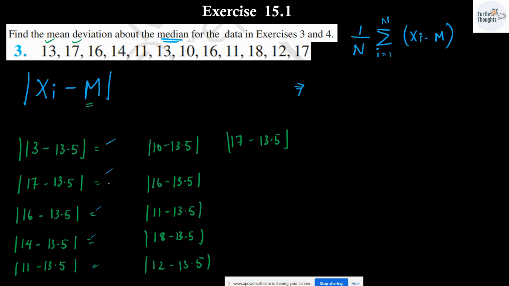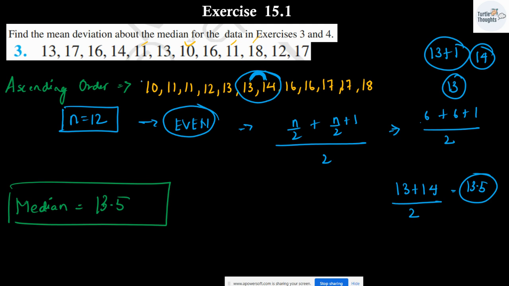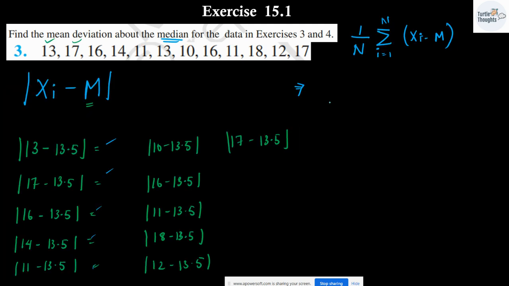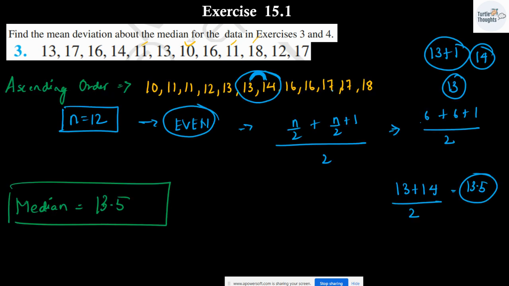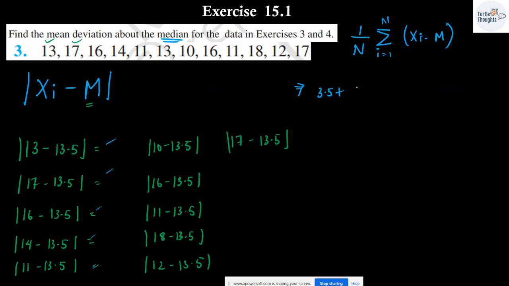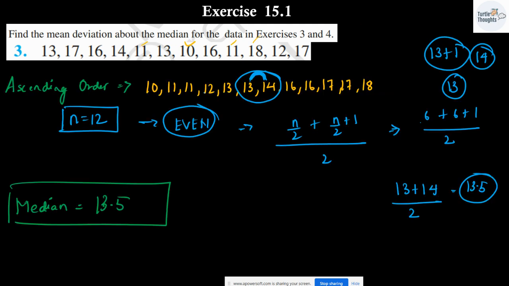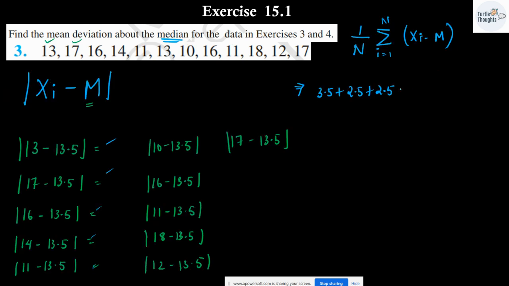Now if I take from here, 13.5 minus 10 will be 3.5. Plus next for 11, it is going to be 2.5. I can write it as 2 times 2.5. Next it is going to be 12. 12 and 13.5, it is 1.5.